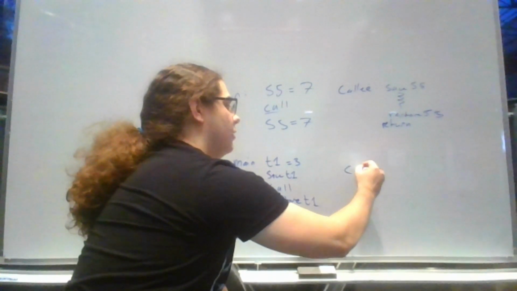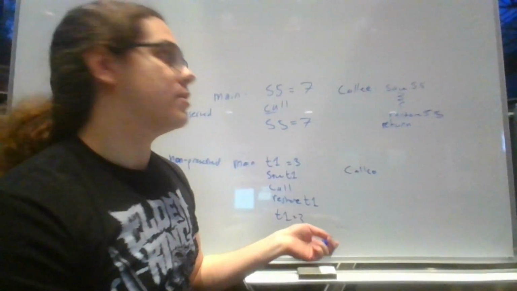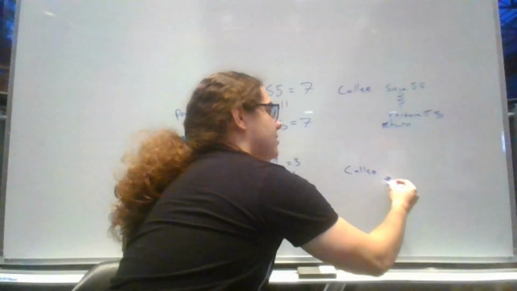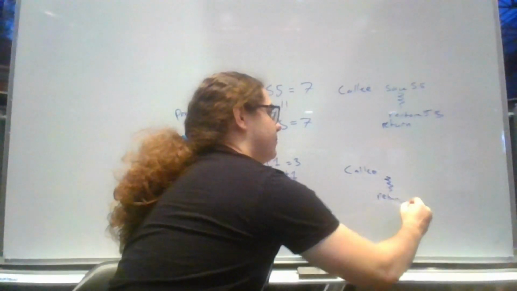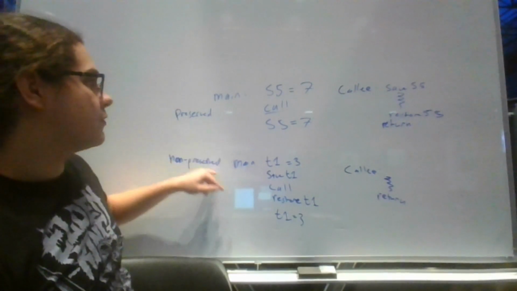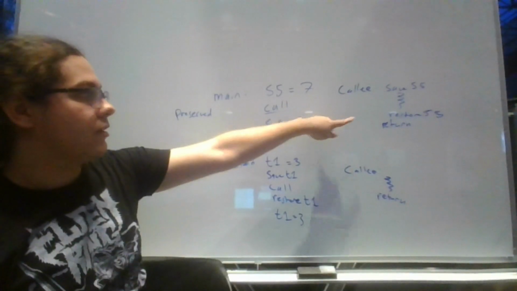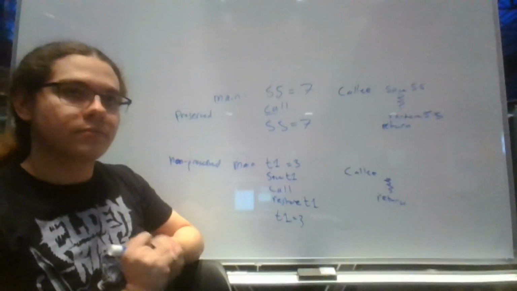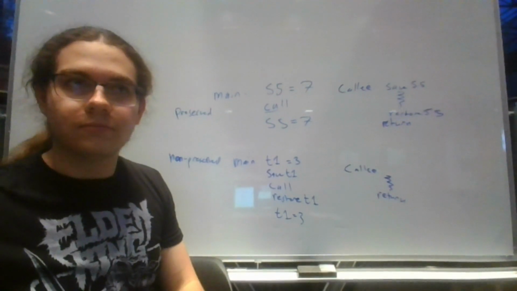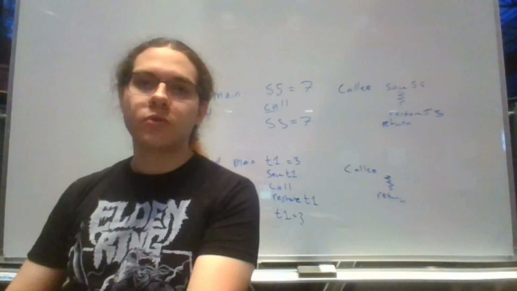Here, though, the callee is not in charge of keeping track of what T1 was ahead of time, so it can just do its stuff, even if it messes up T1, and then return. So the only difference between preserved and non-preserved is who's in charge of saving it. If it's preserved, the callee has to save it, and if it's non-preserved, the caller has to save it. That's the only difference. And again, it's not something implemented in hardware, it's a software coding practice.